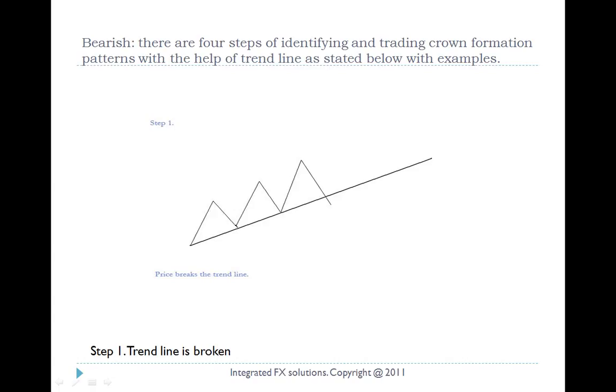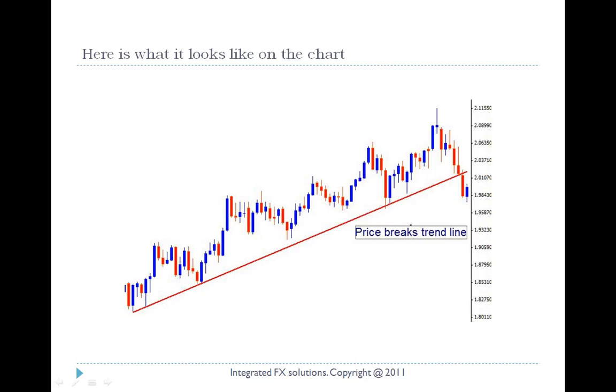We have seen a switch from a bullish trend to a possible sell zone. Price has changed from a bullish zone to a bearish zone. Here is what it looks like on the chart.